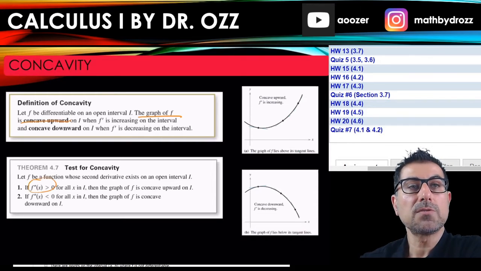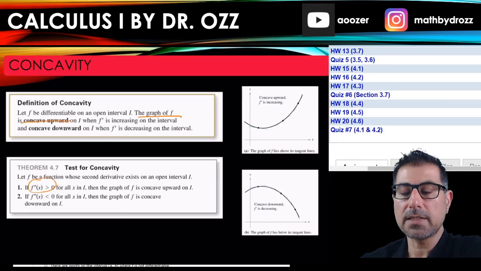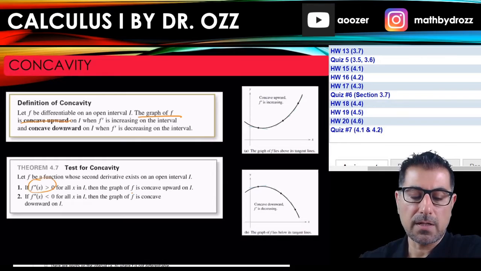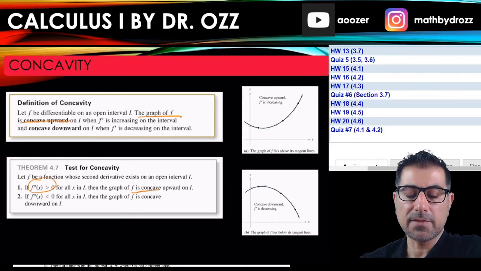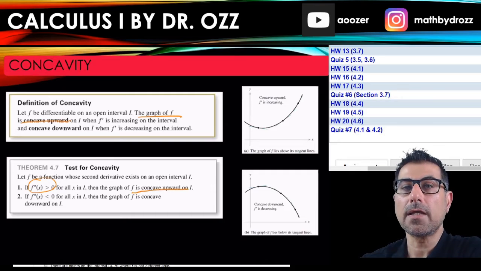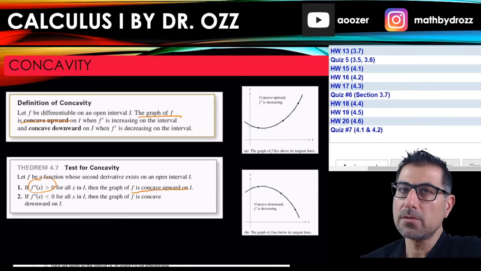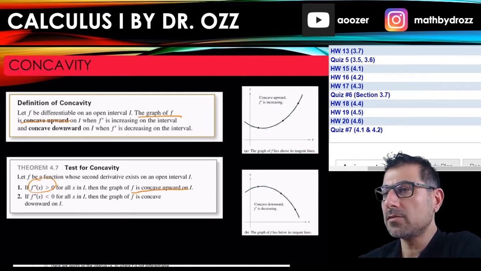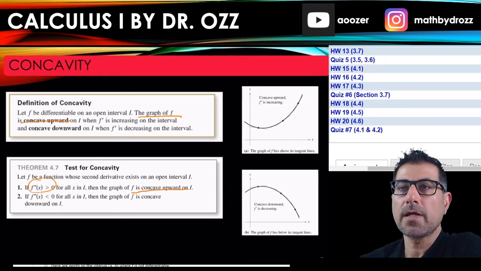If f double prime is positive, then you have concave upward behavior on an interval. And if f double prime is negative, then f is concave downward on the corresponding interval. So again, what we're going to do to determine concavity is to check f double prime, okay? And we look at the sign of f double prime on the subintervals, okay?